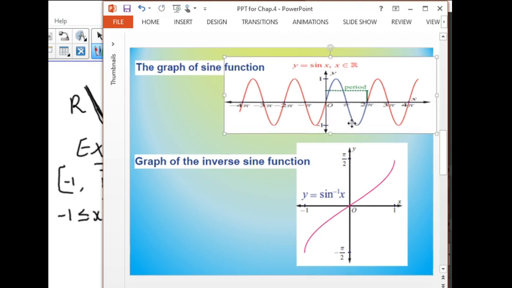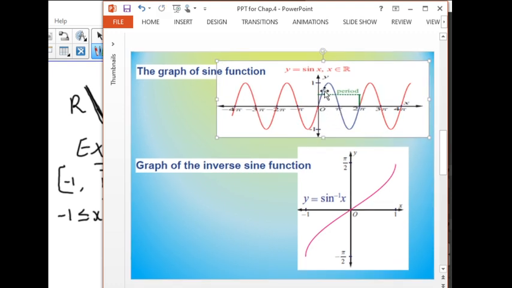So, we also have seen in our yesterday's class, sin x, cos x, cosecant x, secant x, all have period 2 pi, but tan x and cot x have period pi radians. Okay, and then we have also seen the graph of the inverse sine function. Okay, when do we have inverse of a function?